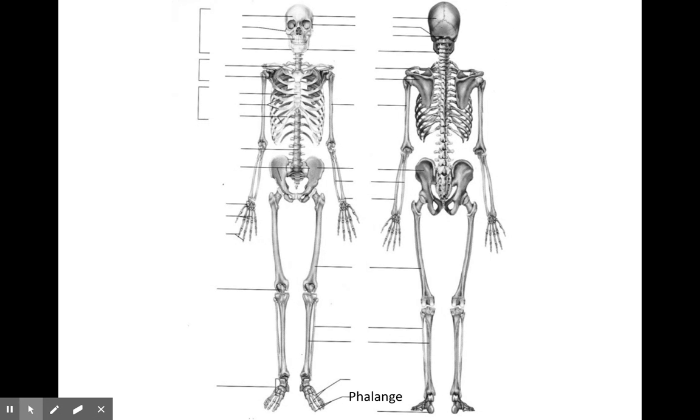So it's the same word for fingers and toes. They're exactly the same bone structures. Metatarsals is your foot. The weight-bearing bone of the lower leg is the tibia. The smaller non-weight-bearing bone that supports some muscle attachments in the lower leg is the fibula. The large upper leg bone is the femur.